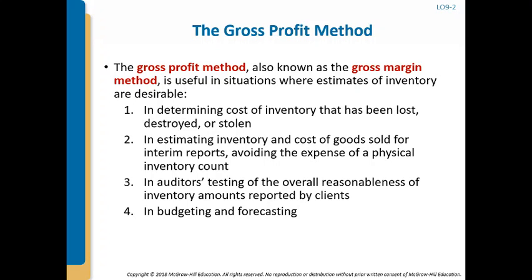It can also be used in estimating inventory and cost of goods sold for interim reports, therefore you don't have to have a physical count during the interim, but you still would at the end of year.